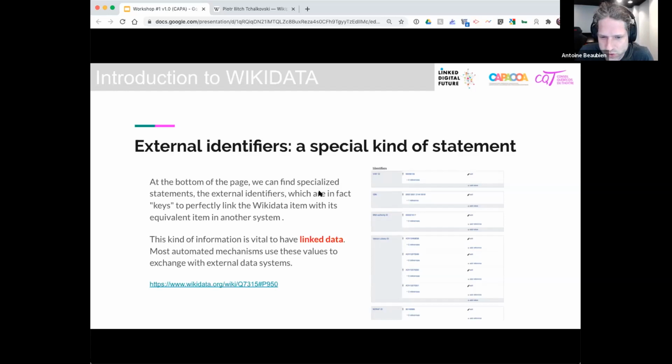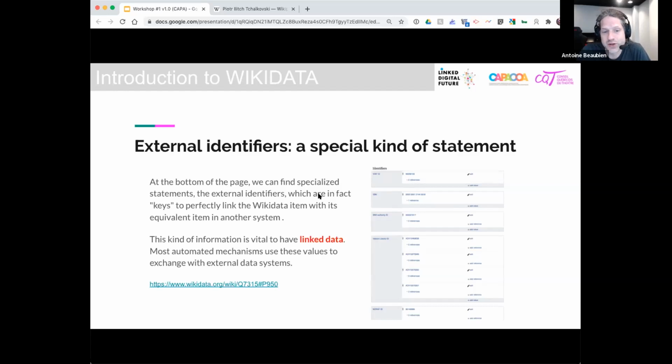So this is really a strength, because if you can't find it on Wikidata, maybe you can find a link to where you will find the information you're looking for. And it can also be used to generate queries that extract data from Wikidata, but also at the same time from other external sources.